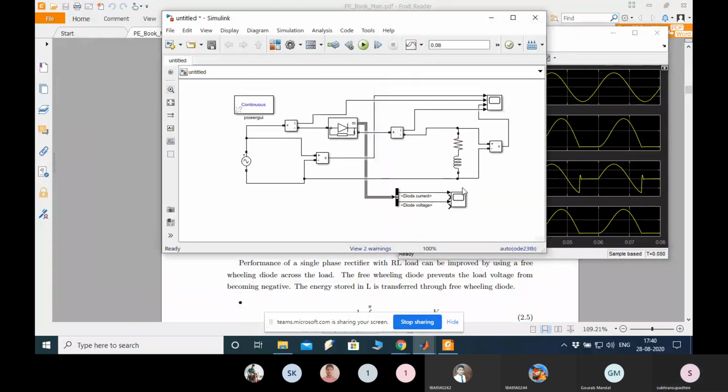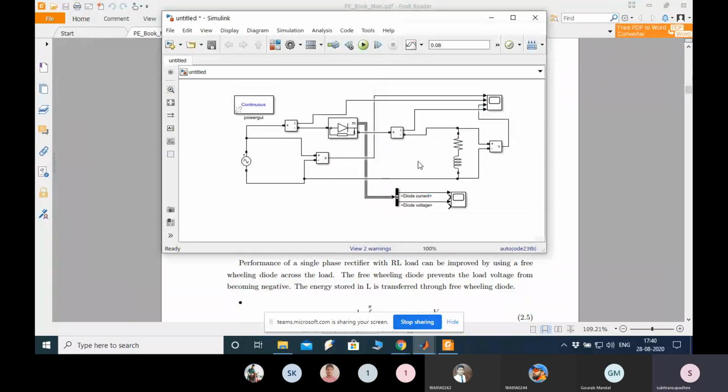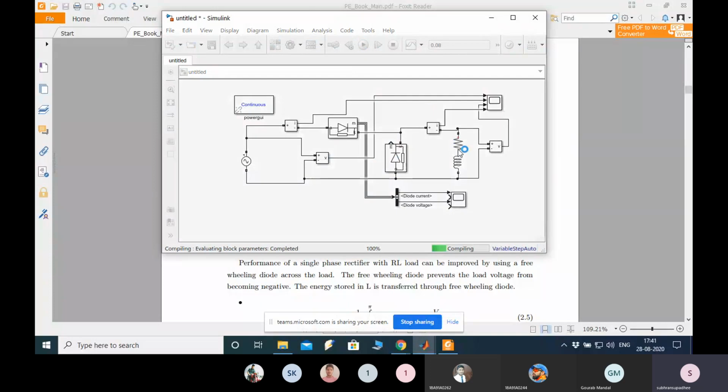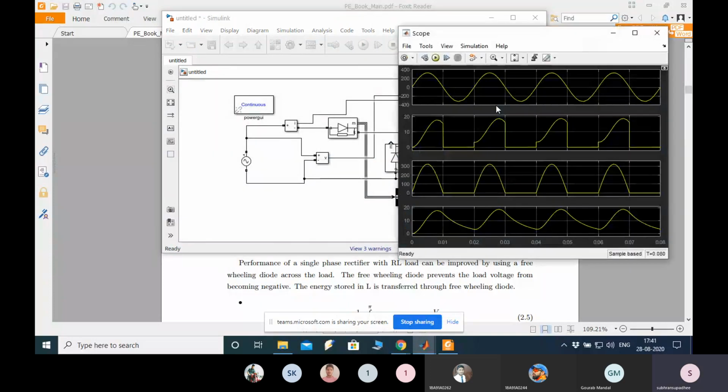Here I will use a freewheeling diode, same diode only, but it's much faster. When I run it, you can see the negative axis in the output has been curtailed.